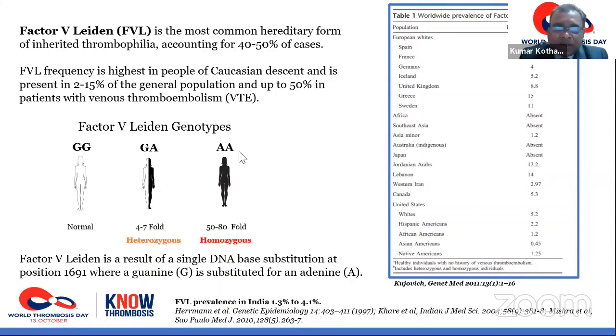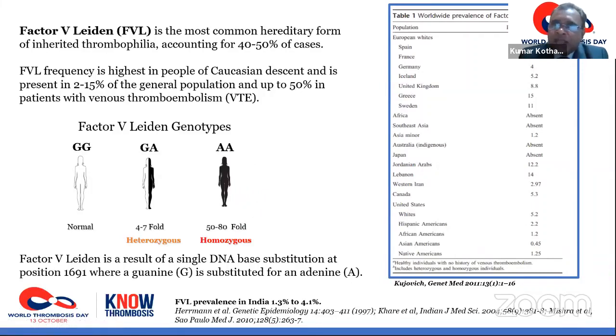If you are homozygous, the chances are 50 to 80-fold. The incidence of factor V Leiden, especially in European whites and in the United States, is very high: 2 to 15% are heterozygotes, whereas homozygous factor V Leiden mutations are extremely rare.